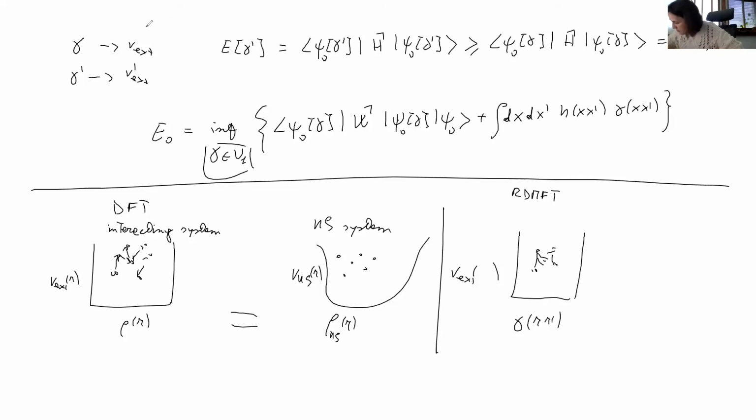So does there exist a system of non-interacting particles moving in some non-local potential such that its density matrix is the same as the density matrix of the real system? Can it exist?